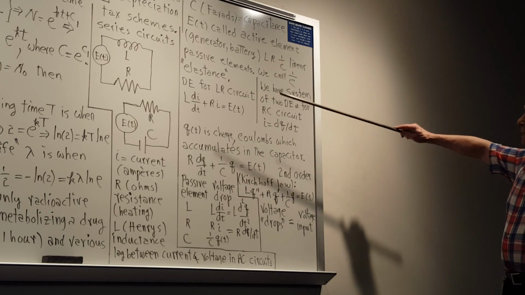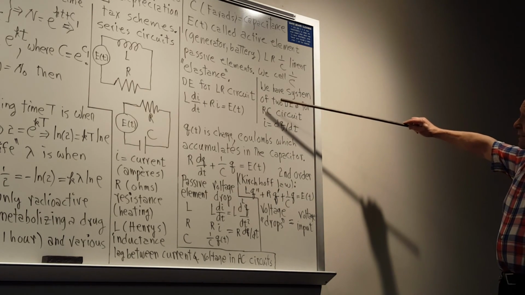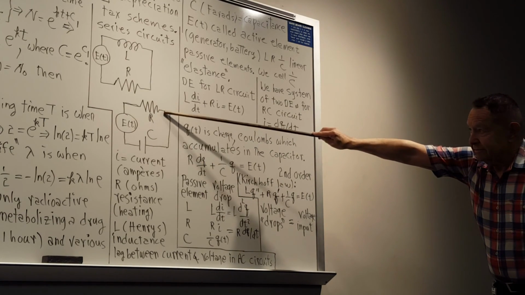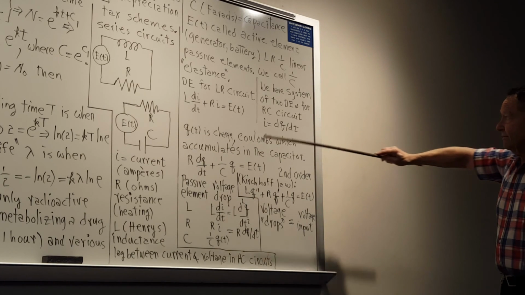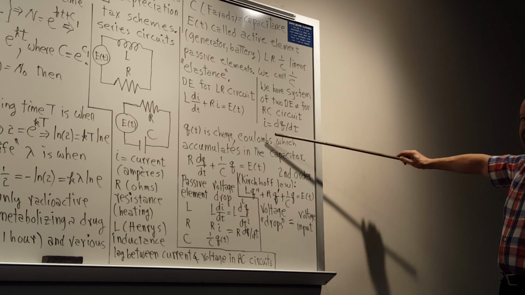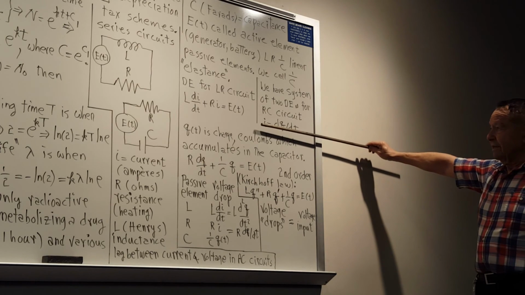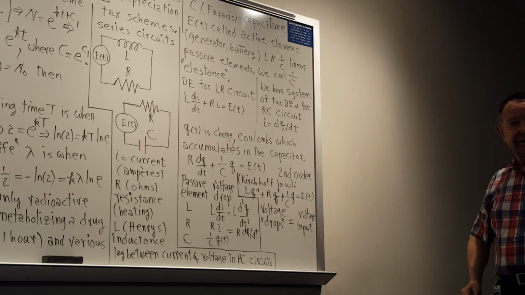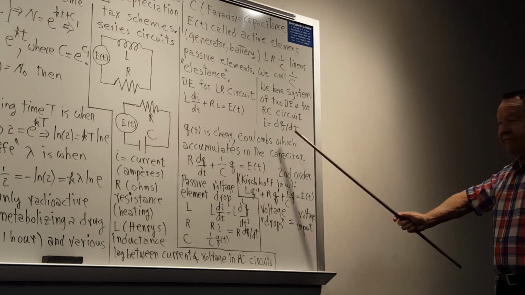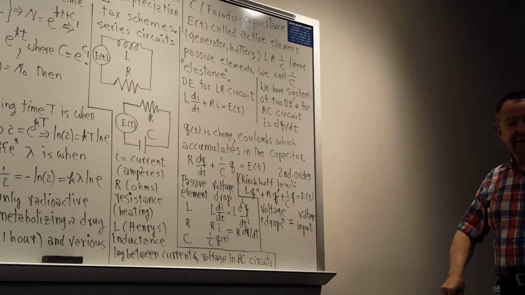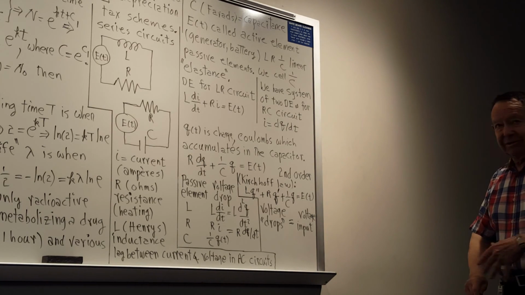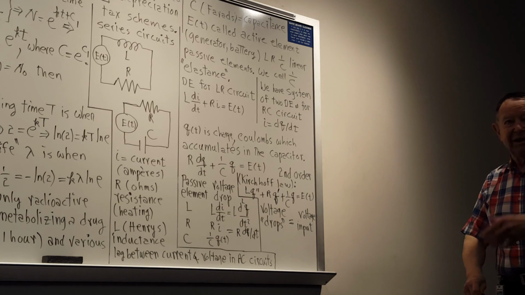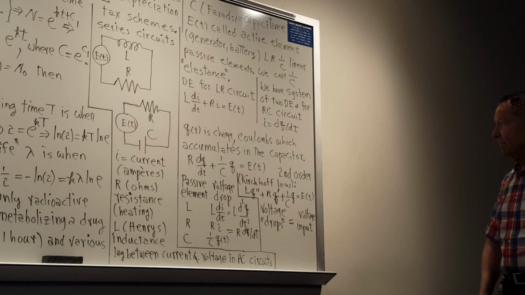Notice that you can also do the circuit analysis for this kind of circuit with a system of differential equations, because I is dQ/dt. Current is the time derivative of charge. Your current, your ampere, is coulombs per second. 1 ampere is 1 coulomb of charge per second, you see.